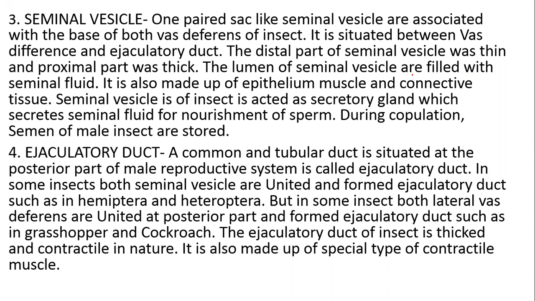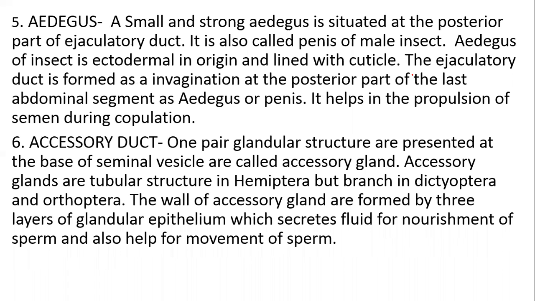But in some insects, both lateral vas deferens are united at the posterior part and form the ejaculatory duct, such as in grasshopper and cockroach. The ejaculatory duct of the insect is thick and contractile in nature. It is also made up of a special type of contractile muscles.